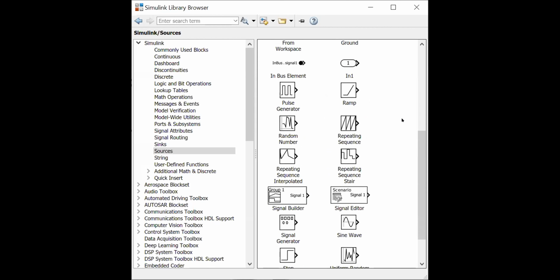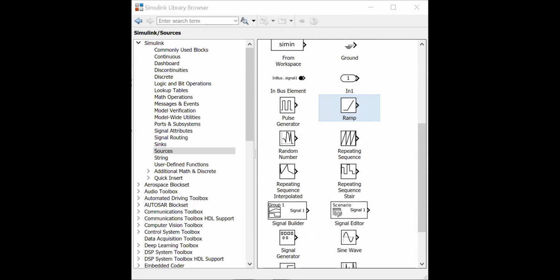Now I'm going to go back to the canvas, and then you should be able to see the blocks that I have in my canvas.